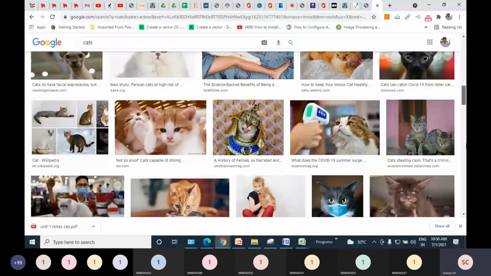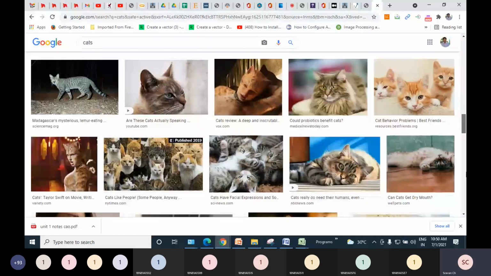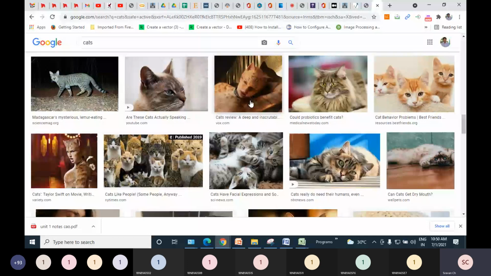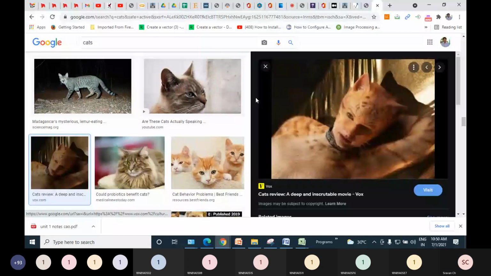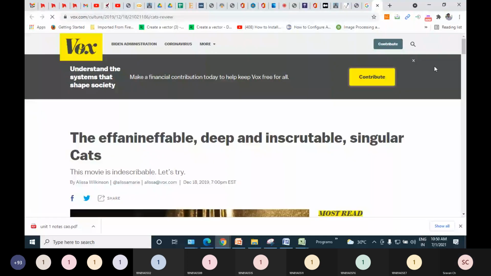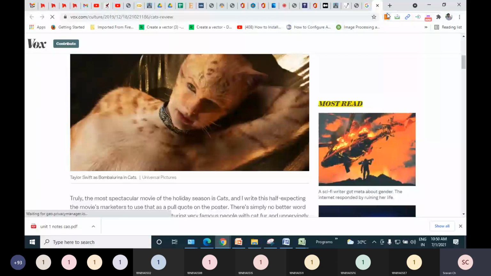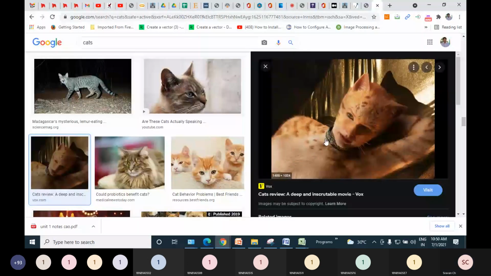Tell me, is it a cat? The image which I am showing you, is it a cat? Respond in the chat box. But Google treats this image as a cat.